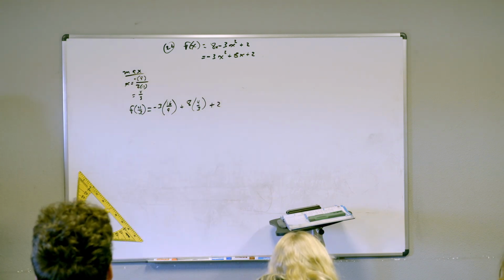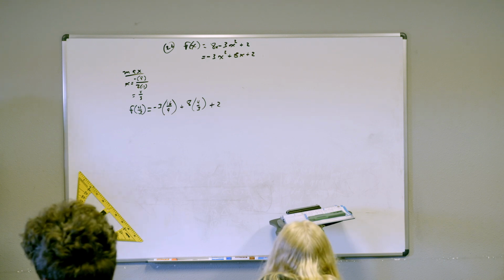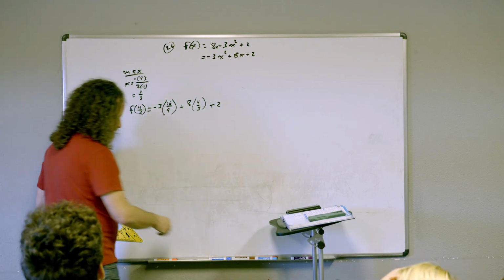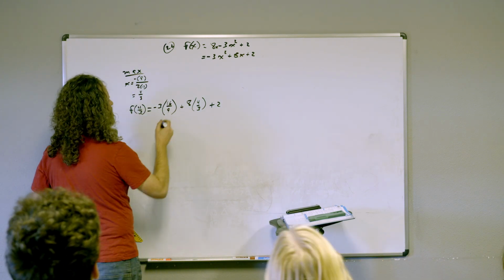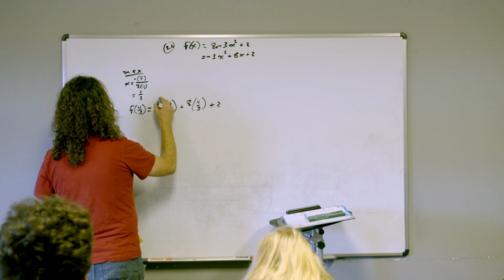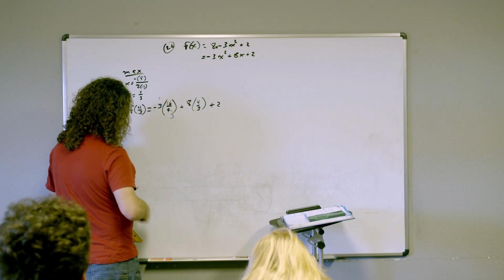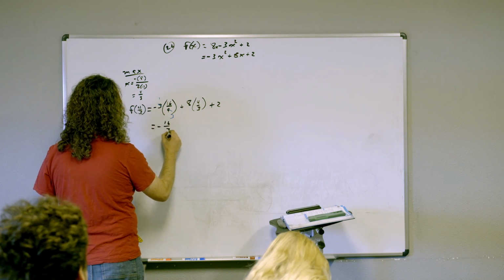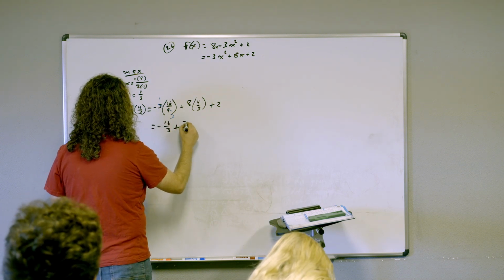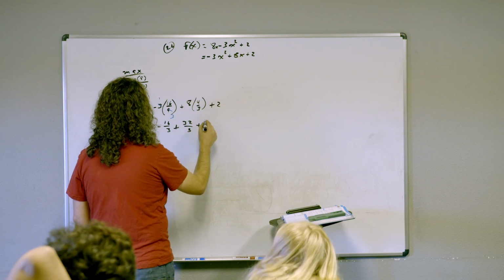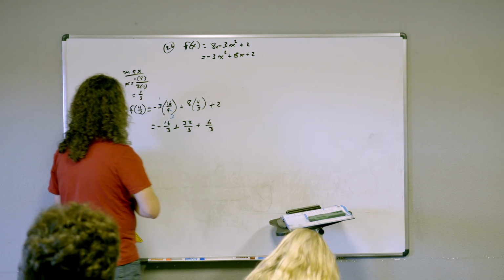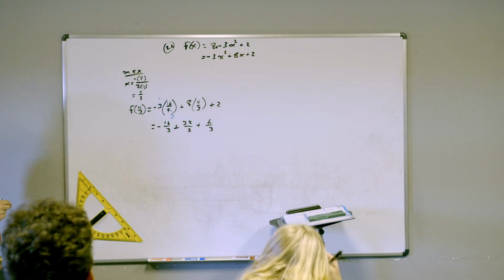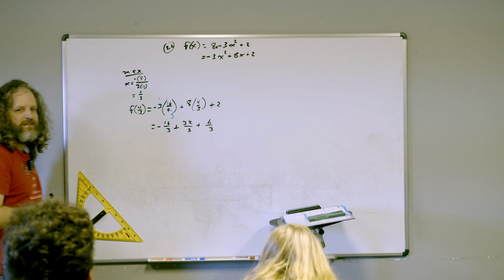It's not easier, shorter. Now you multiply the numbers to get the next numbers. We get negative 16 thirds plus 32 thirds plus 6 thirds. So then we get negative 10 thirds plus 32 thirds, so we get 22 thirds.